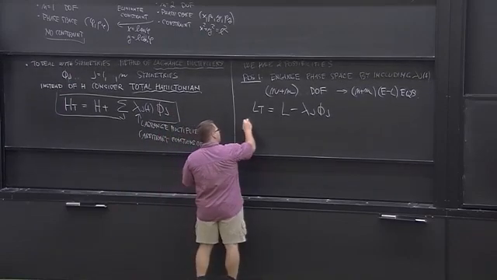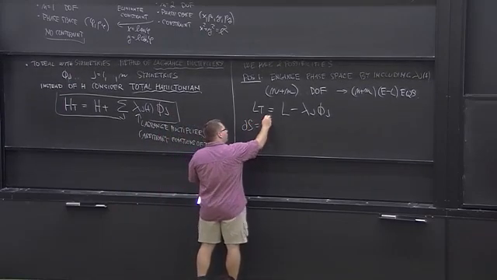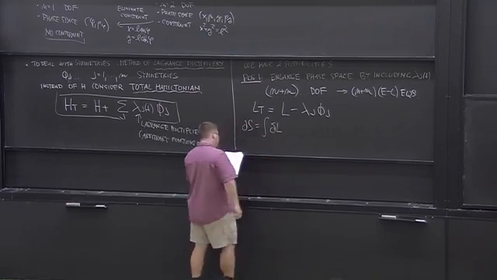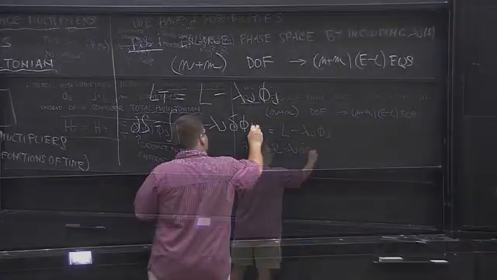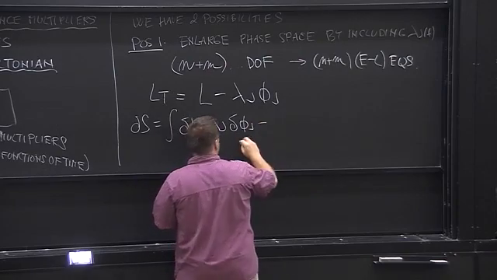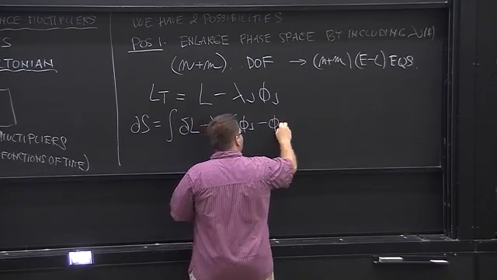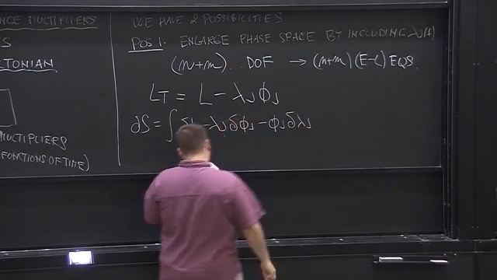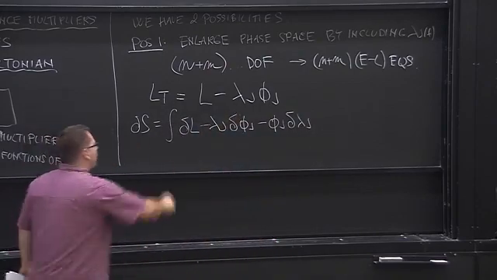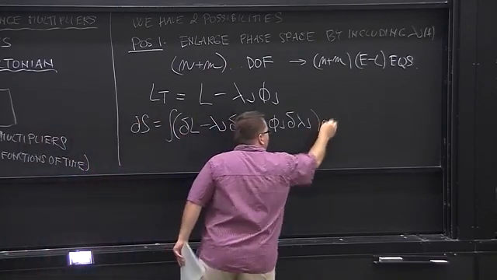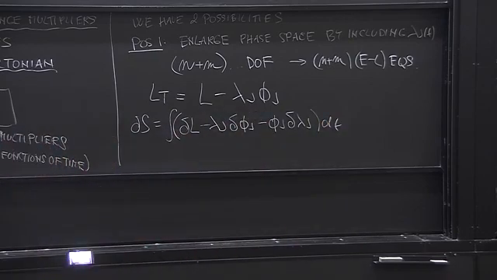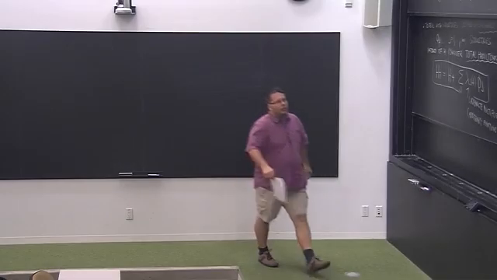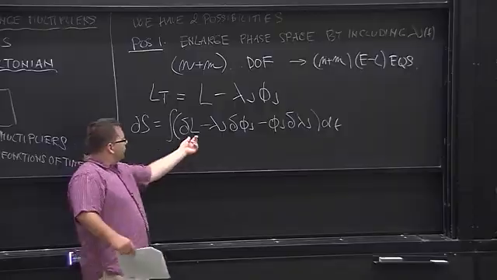So now if I vary the action, then I have delta L, but I have also minus lambda j delta phi j, and then minus phi j delta lambda j, dt, and then you integrate by parts as you would typically, but the only thing which you need to integrate by parts is contained here.